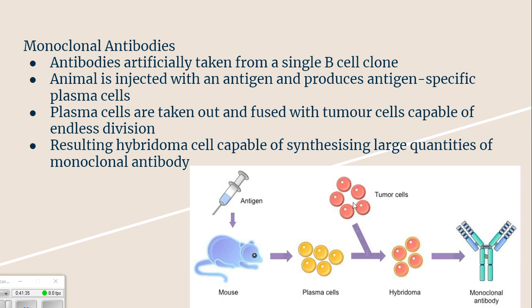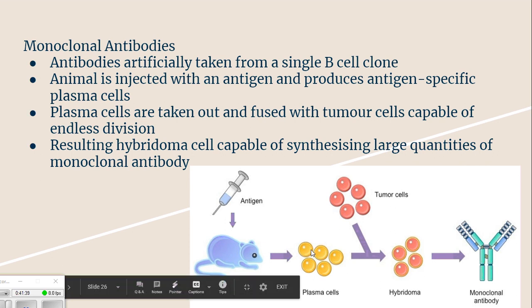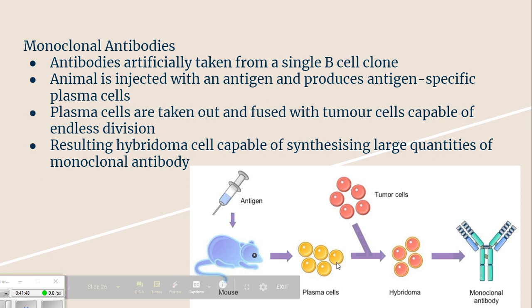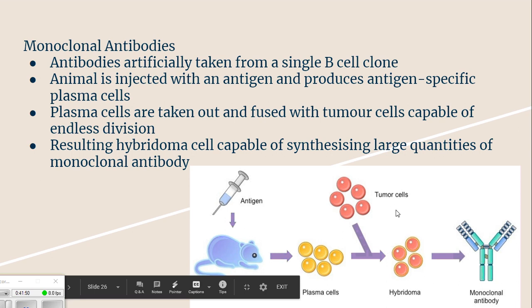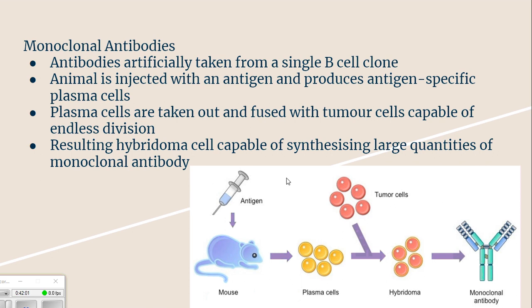So you fuse the tumor cells with the plasma cells, and you create what are called hybridoma cells, a hybrid of tumor cell and plasma cell. You kind of get the best of both worlds: cells that divide endlessly and crank out your antibody of interest. The resulting hybridoma cells are capable of synthesizing large quantities of that monoclonal antibody.